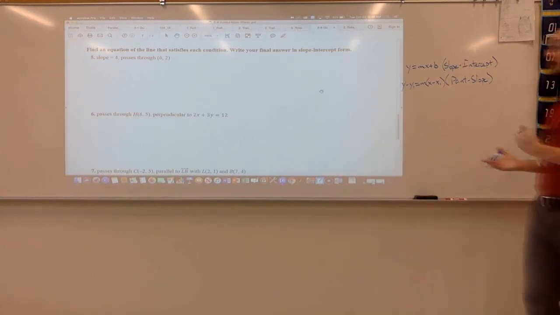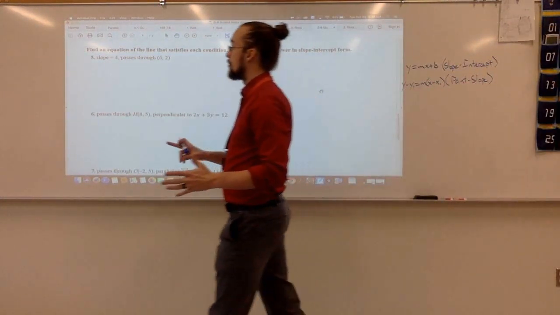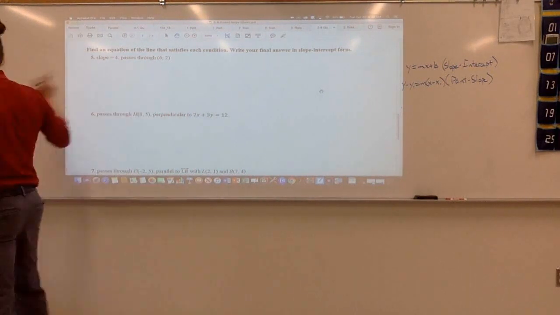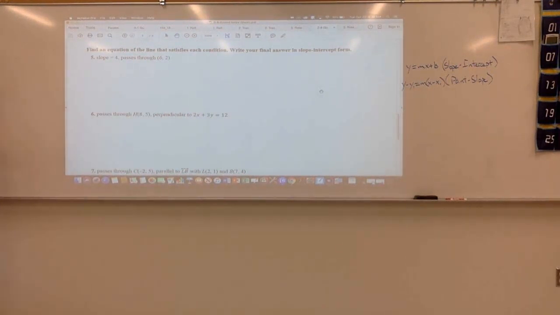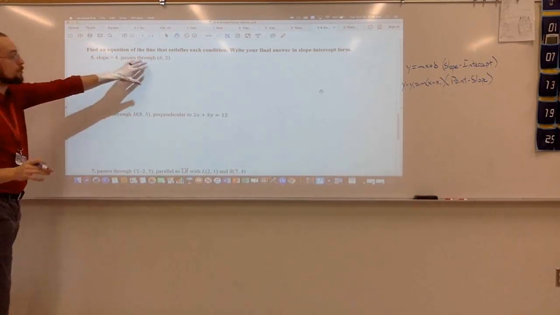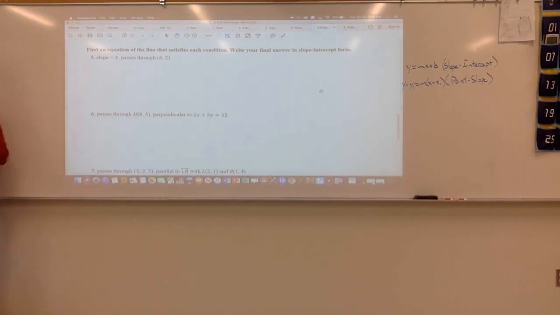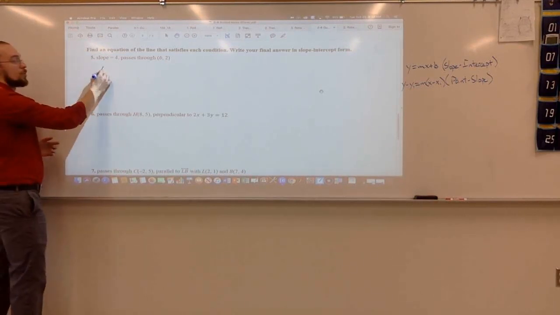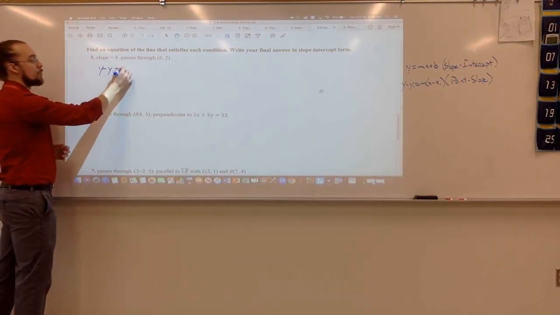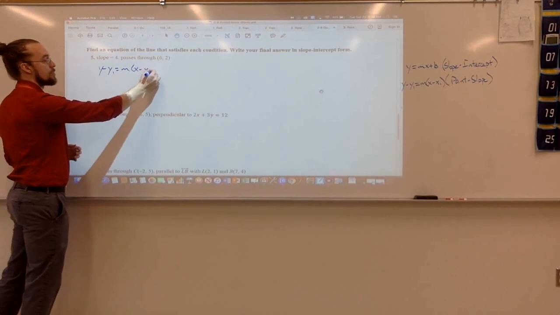So if I look at the information that I'm given here in number 5, I'm given a point and I'm given the slope. So which form of the line should I use? Point slope. Right? If we're given a point and the slope, we use point slope. So that's y minus y1 equals m times x minus x1.